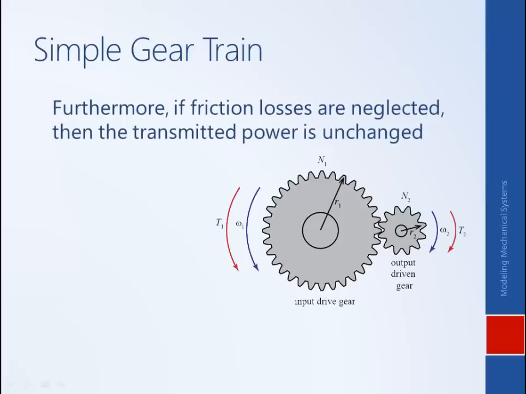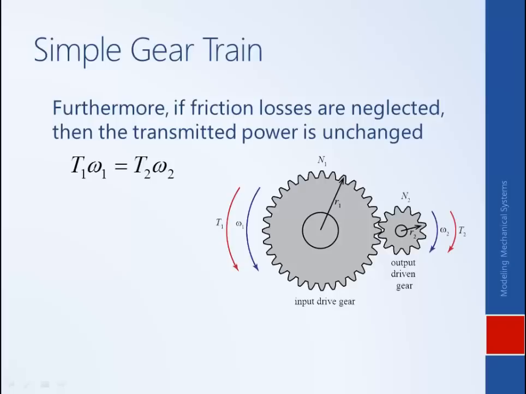In terms of the torques, we can understand the relationship between the input torque and the output torque by making the assumption that there are no losses in the transmission. So T1 times omega 1, the torque applied to the input shaft times the speed of the input shaft, is in essence the power input to the gear train, and T2 times omega 2 is the power out of the gear train.